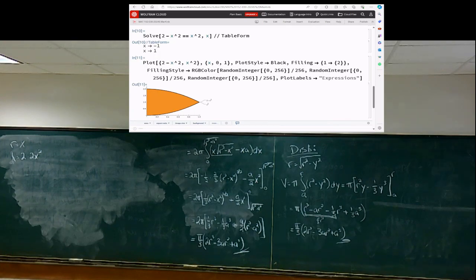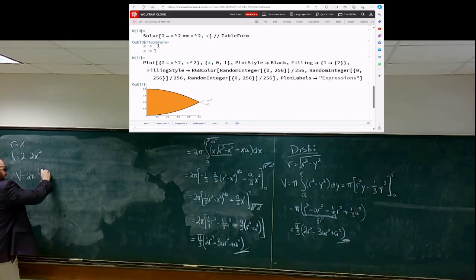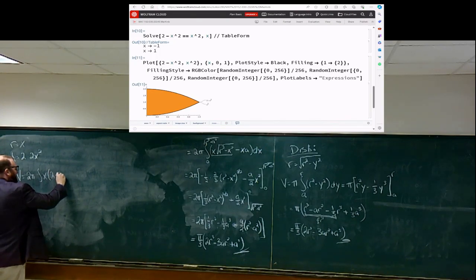The upper function, 2 minus x squared, minus your lower function, x squared. We get x, radius times height.